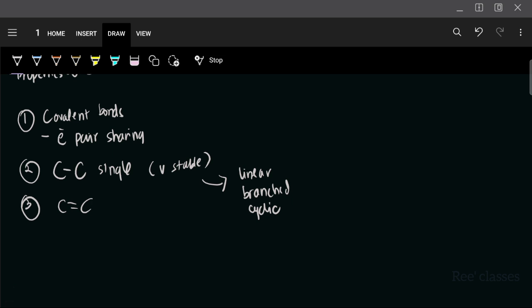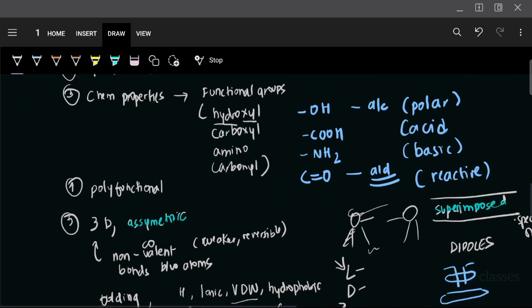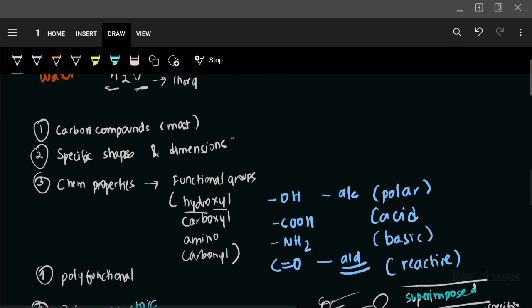And we said that organic molecules have specific shapes and dimensions, right? So if we expand on that, it's just important to note a few things. Okay, first of all, they can be tetrahedrally arranged, the carbon atoms.